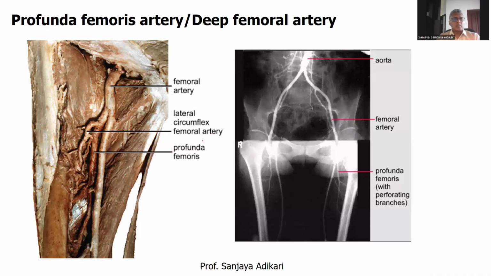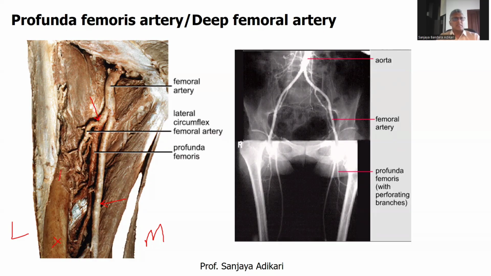There's another point here. Now your femur is somewhere here. This is your medial side, and this is your lateral side. So this is the superficial femoral artery, and this is the deep femoral artery. Their relationship is this: the superficial femoral artery is medial to the deep femoral artery. The deep femoral artery is lateral to the superficial femoral artery, and it is closer to the femur.